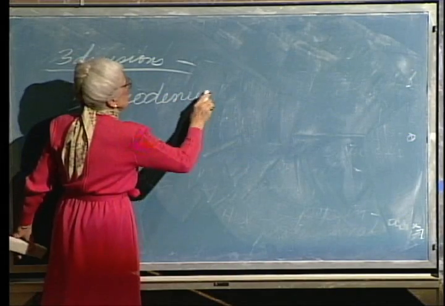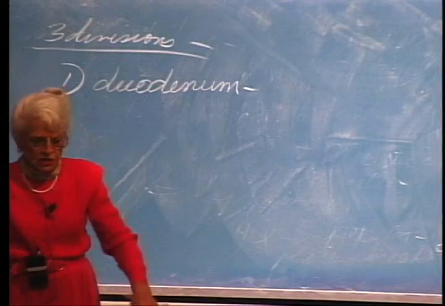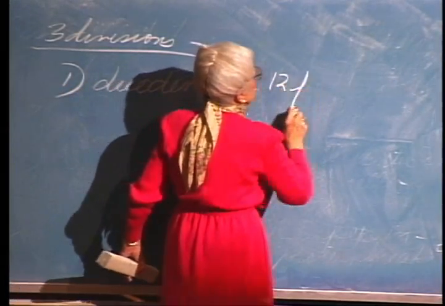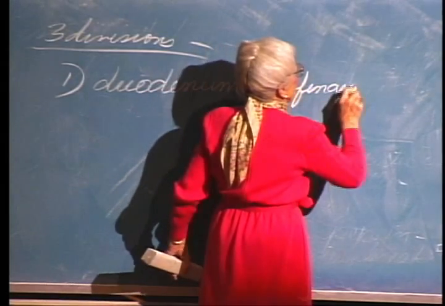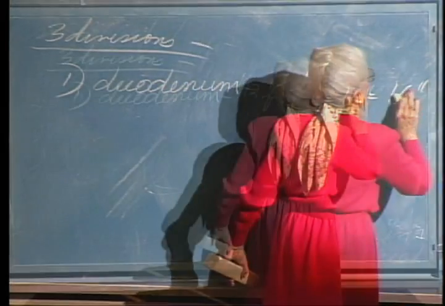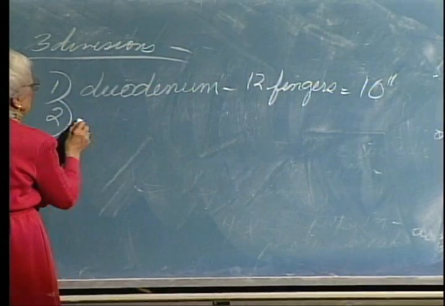What does duodenum mean? It means 12 fingers. You put 12 fingers side by side and you have 10 inches. So it means 12 fingers to equal 10 inches.